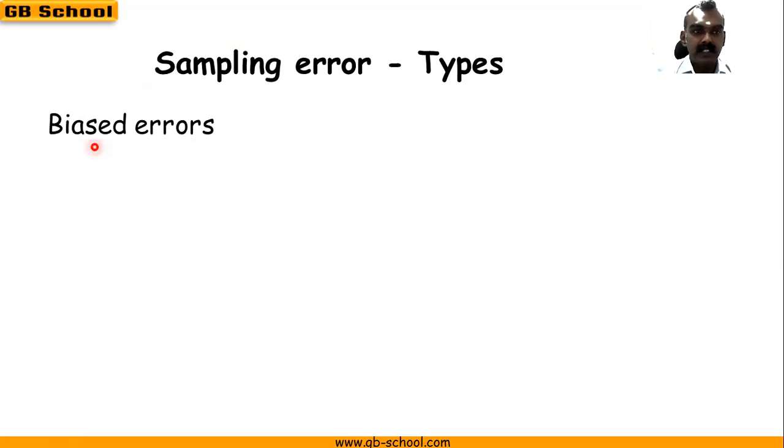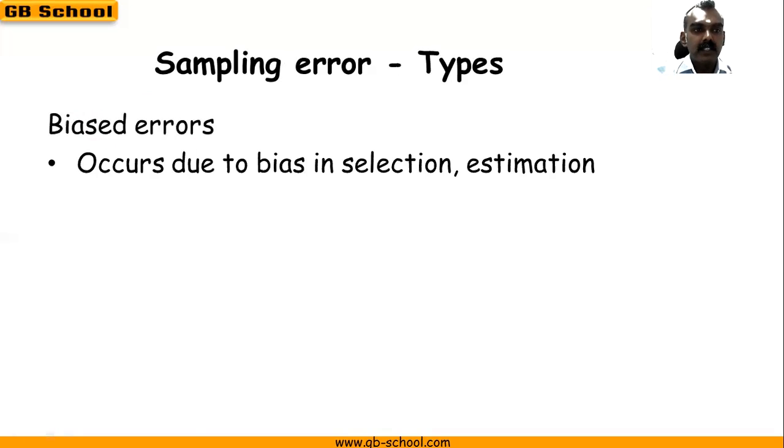That's called biased errors. It occurs due to bias in selection, sample size estimation, or any other sampling process steps. So if the selection itself is biased, then we'll get differences between the population and the sample. For example, I want to see how effective a class is.